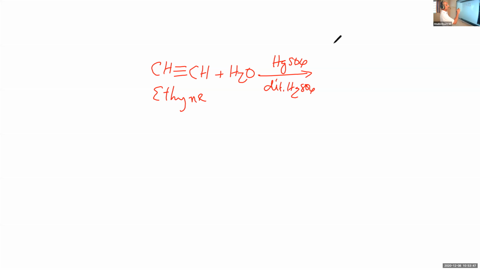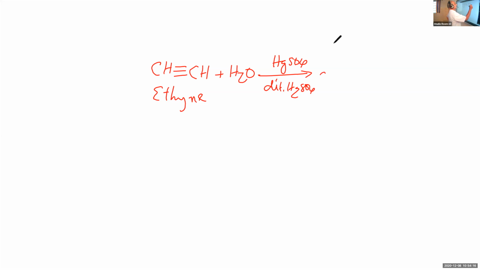Two hydrogens are added to one carbon, and oxygen is added to the other carbon. The triple bond is broken. Only a single bond is remaining there. The two pi bonds are broken.